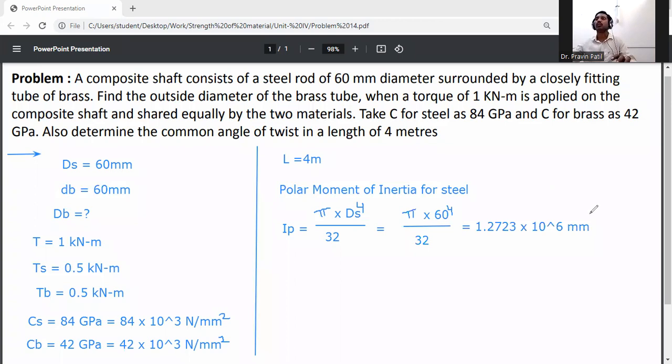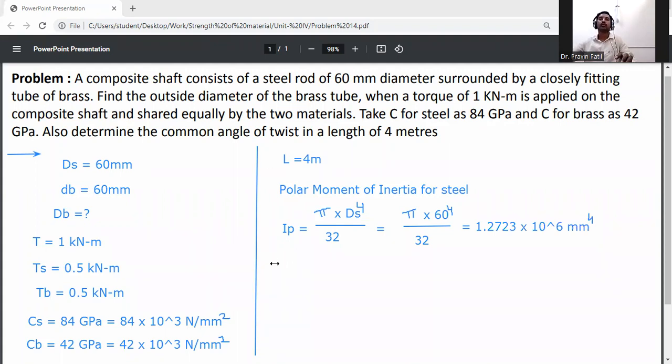I will note down this value: IP is equal to 1.2723 into 10 raised to the power 6 mm raised to 4. This one is for steel.